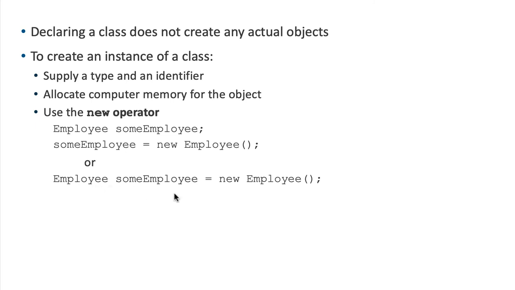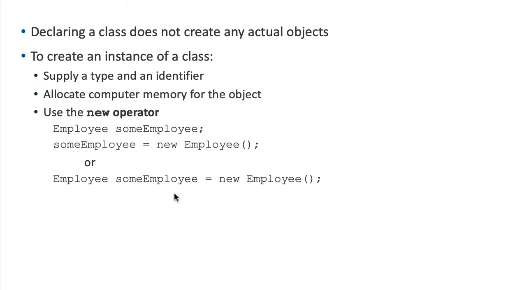In this statement, Employee is the object's type as well as its class, and someEmployee is the name of the object. Also, someEmployee becomes a reference to the object, the name for a memory address where the object is held. Every object name is also a reference, that is, a computer memory location.